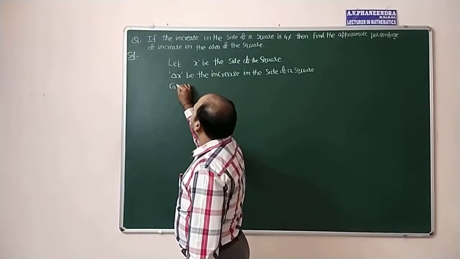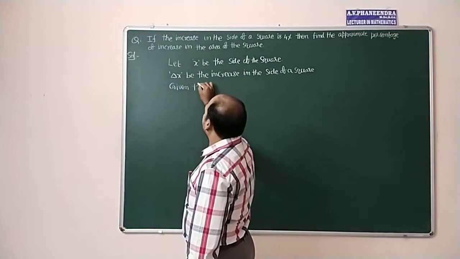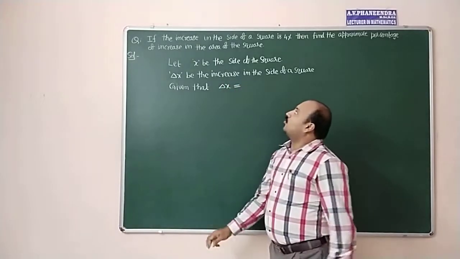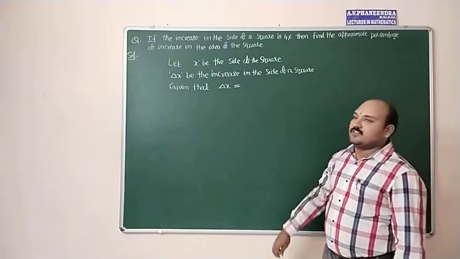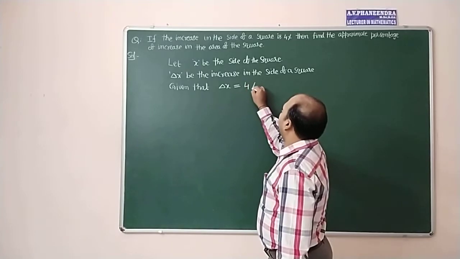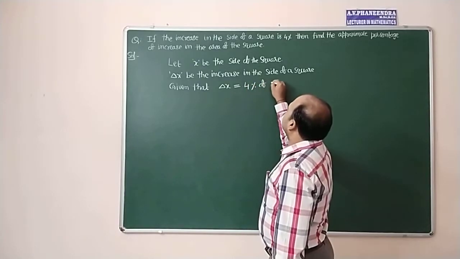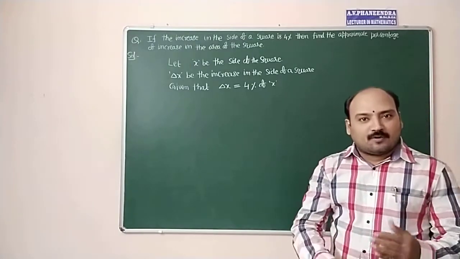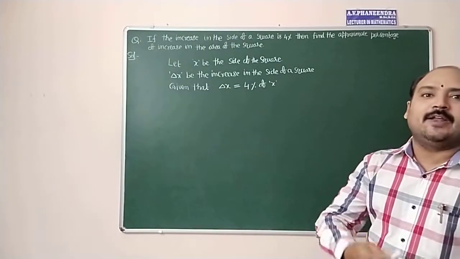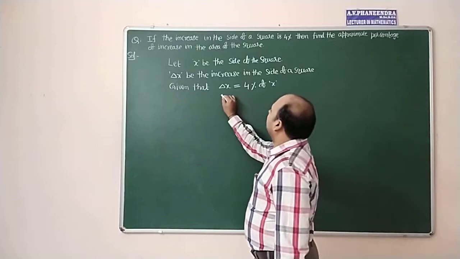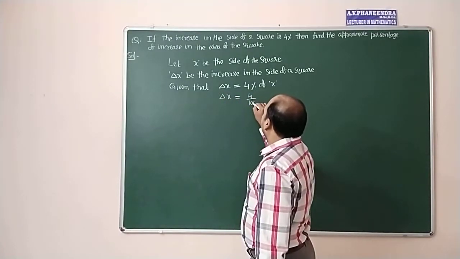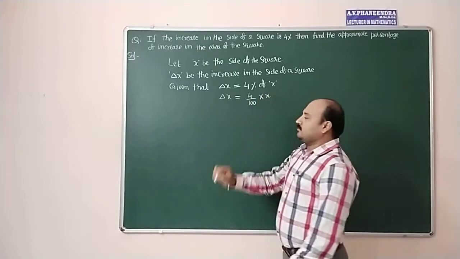Given that delta x is equal to 4% of the side of the square. 4% of x means 4 by 100 into x. So delta x is equal to 4 by 100 into x.